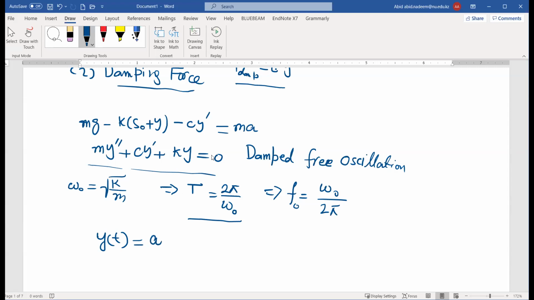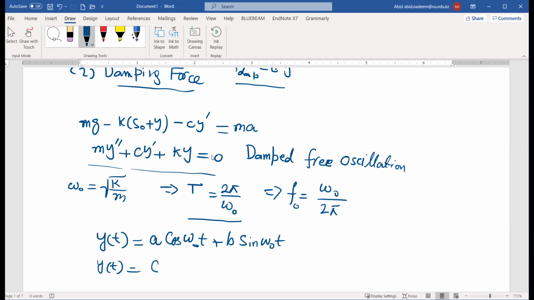If you get the solution in this format, for example, A times cosine omega naught t plus B times sine omega naught t, then you can also represent this solution in another format as well.